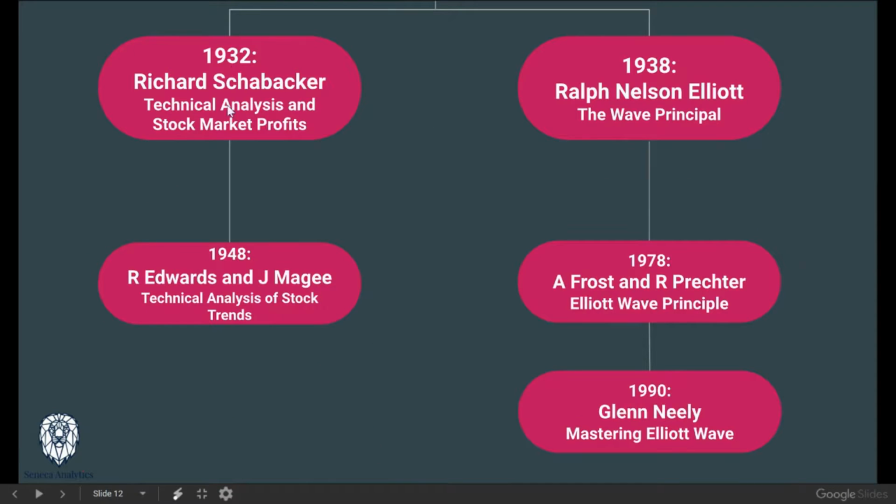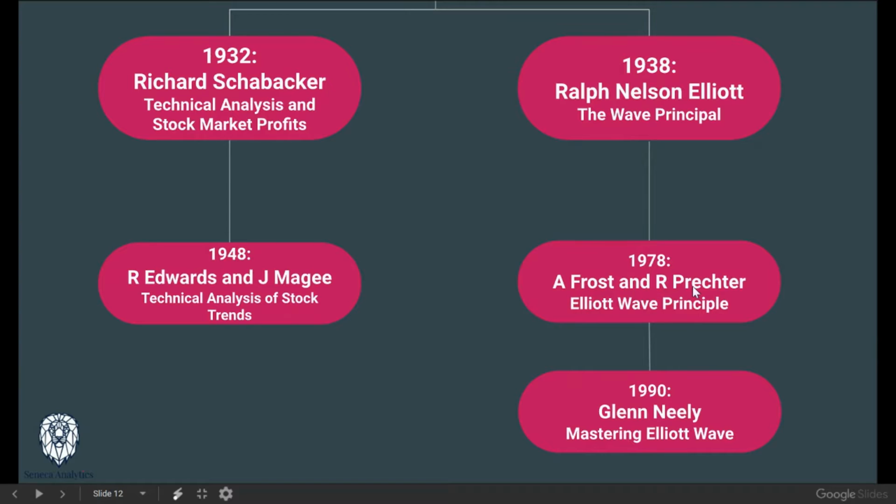Those founding branches evolved on their own too, where you start to see things like Edwards and Magee, which is another major book that came out, and another one that is considered the Bible, which is called Technical Analysis of Stock Trends. Interestingly enough, Edwards was the brother-in-law of Richard Schabacker, so they just furthered what they saw from Schabacker.